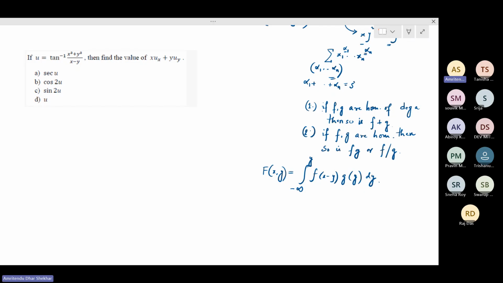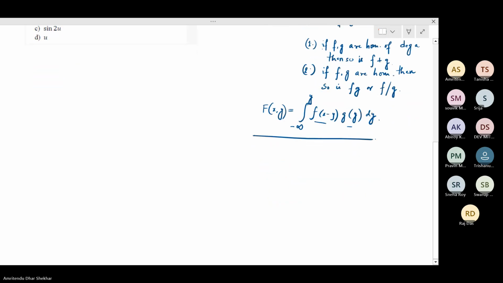F(x, y) is equal to this integral. Of course, you have to assume that the integral exists. So the domain of this capital F(x, y) is chosen in an appropriate way, so that the integral exists and is finite. Then, if f and g are homogeneous functions, capital F of x, y is also a homogeneous function. Capital F is also homogeneous.